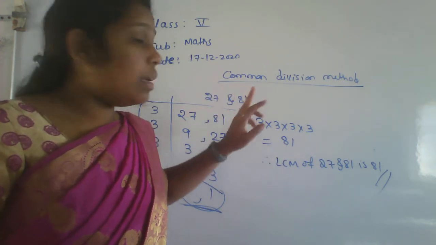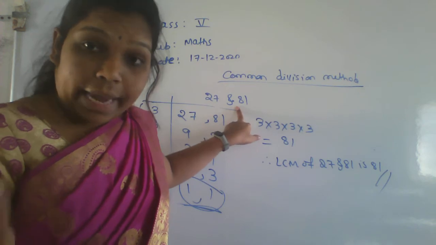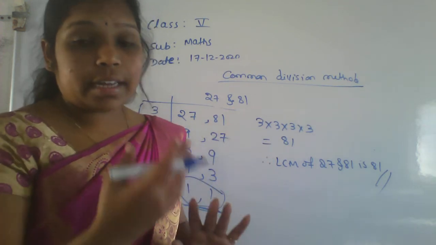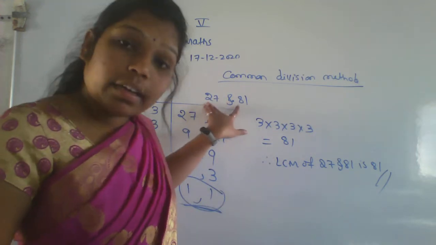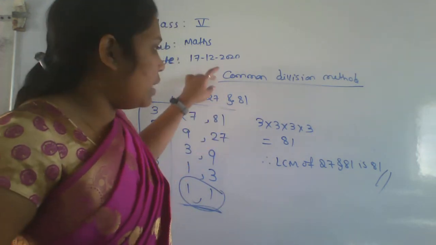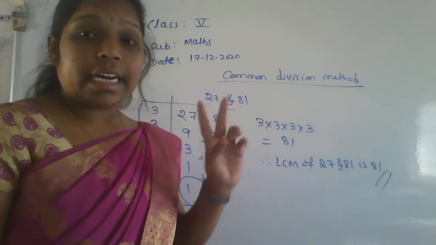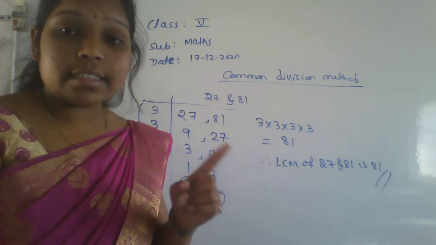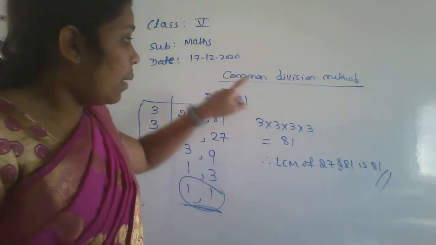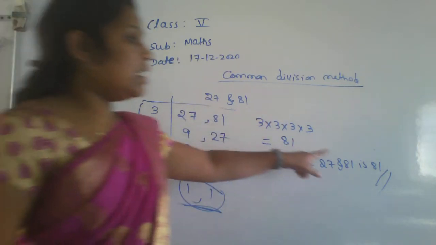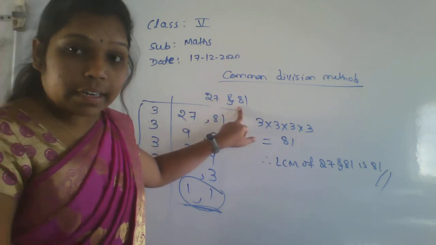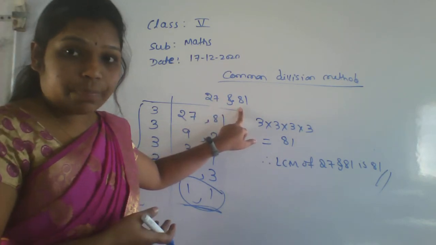The LCM may be greater than the given numbers, or else equal to one of them. Here the LCM we got is 81, which is equal to one of the numbers.